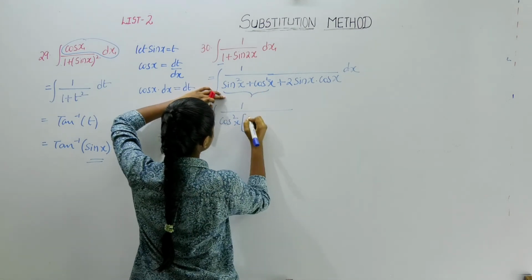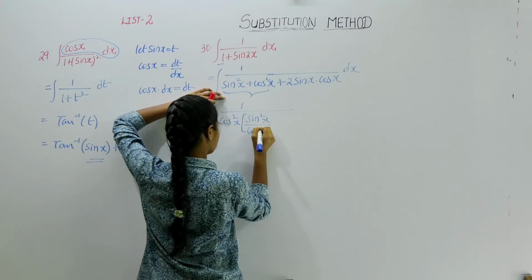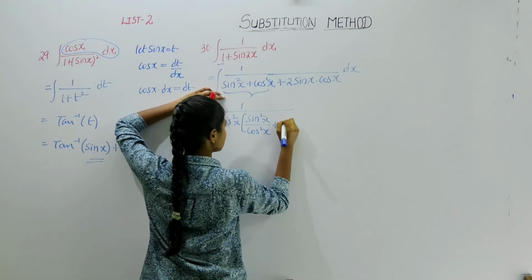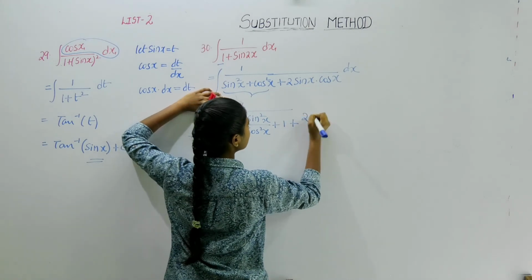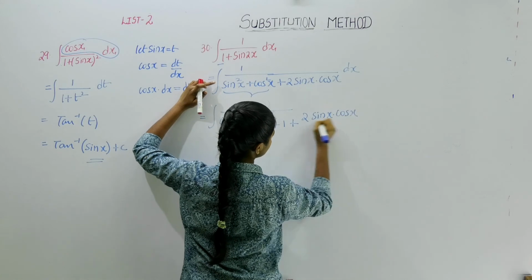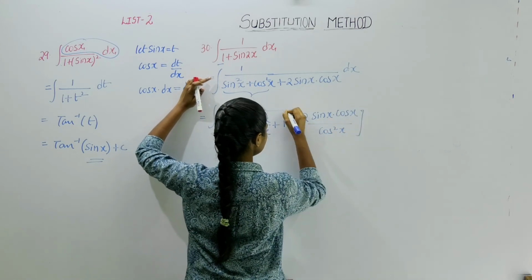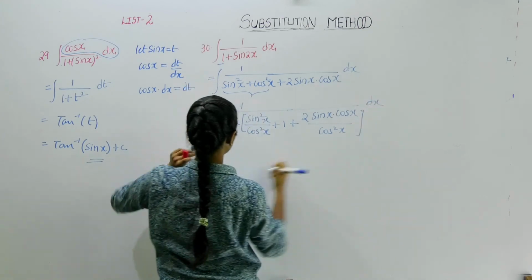When we take cos square x as common, we are left over with sin square x by cos square x plus 1 plus 2 into sin x into cos x by cos square x dx.